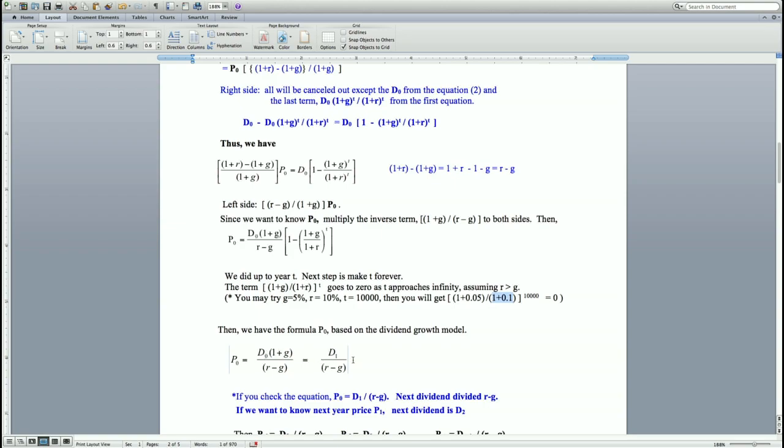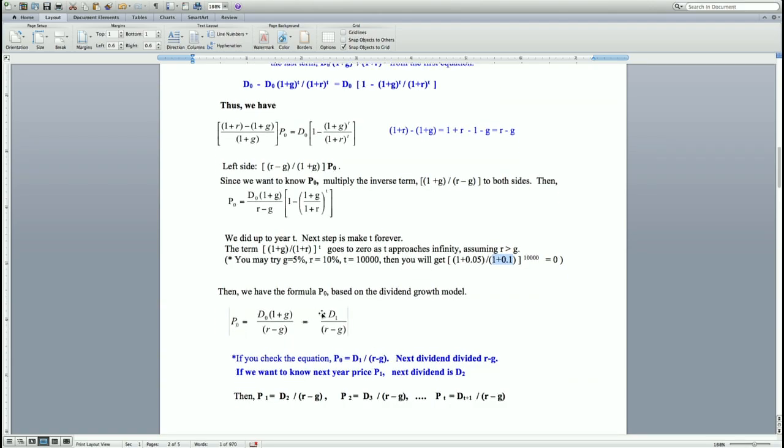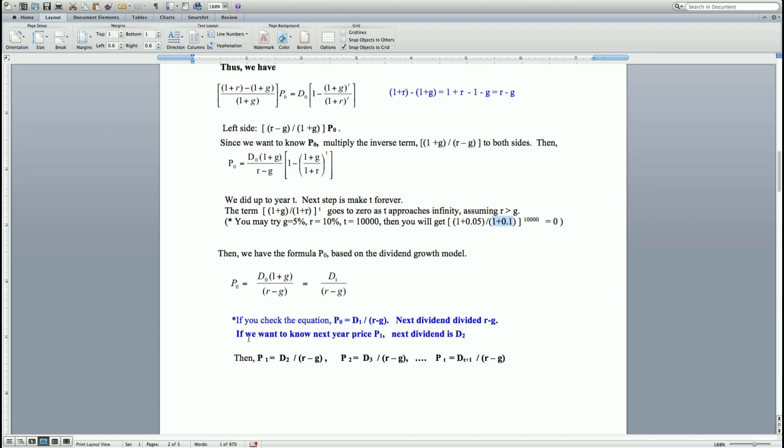So D1 over R minus G. So simply, for any stock using the constant growth model, today's stock price is the next year dividend, D1 is the next dividend, right? Over R minus G.